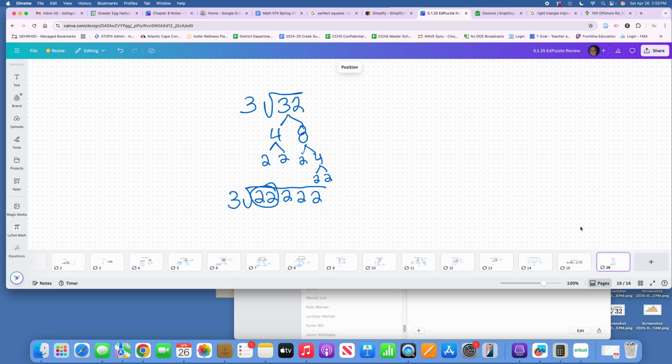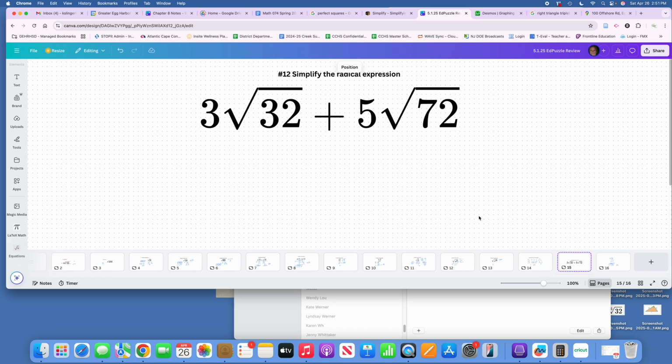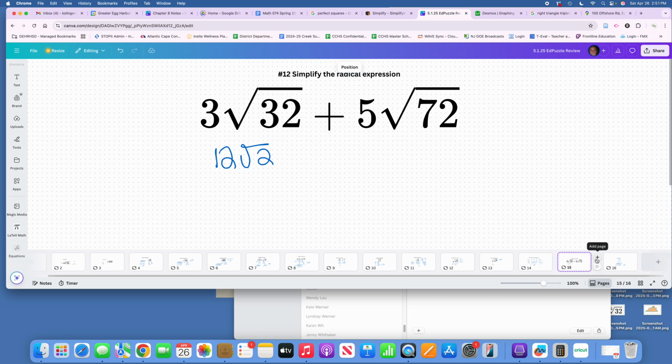One pair gives me a 2 on the outside, another pair gives me a 2 on the outside. So this is 6 times 2 is 12, radical 2. I'm going to go back and rewrite this as 12 radical 2.